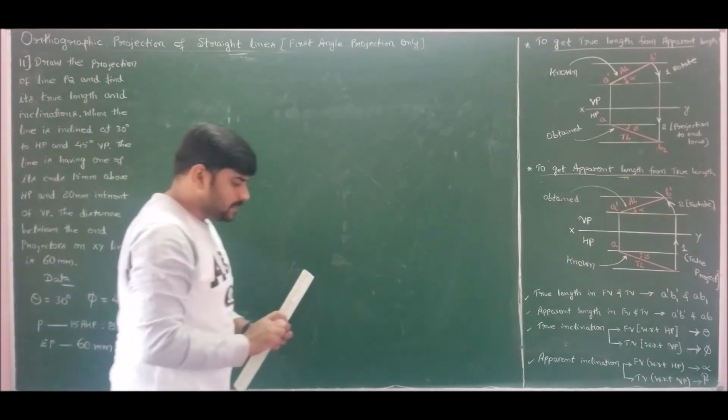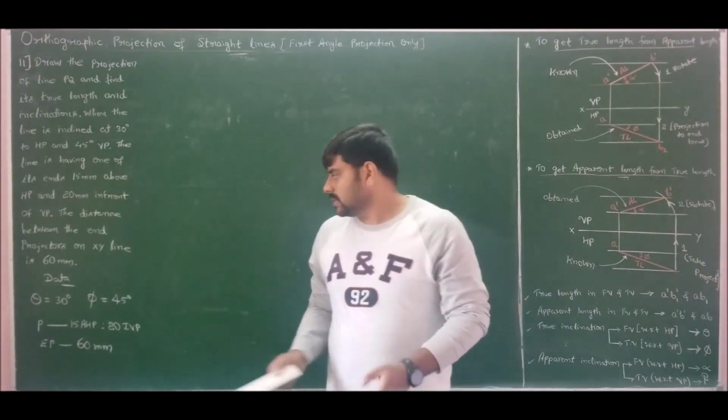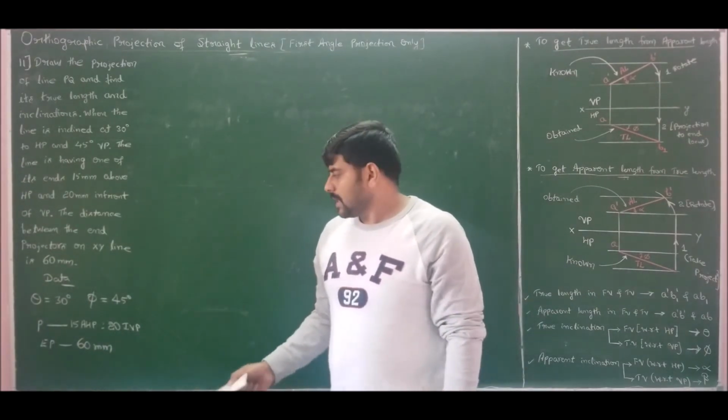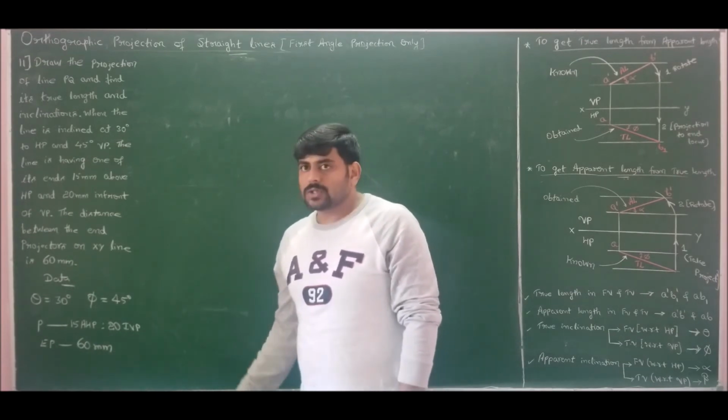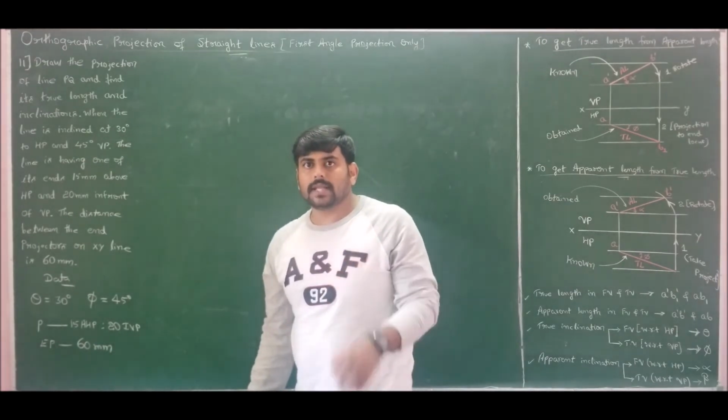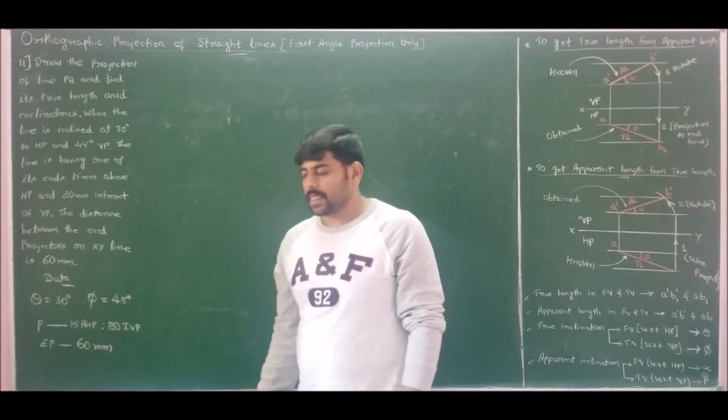Now if you carefully observe the problem, he has given true inclinations and the end projector. The concept of end projector holds good only for apparent length or apparent dimensions.